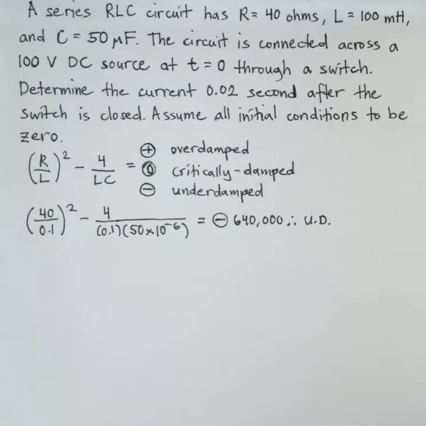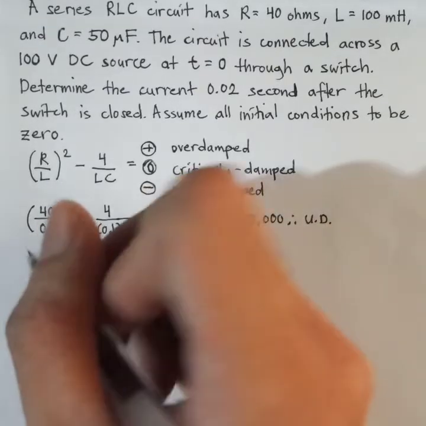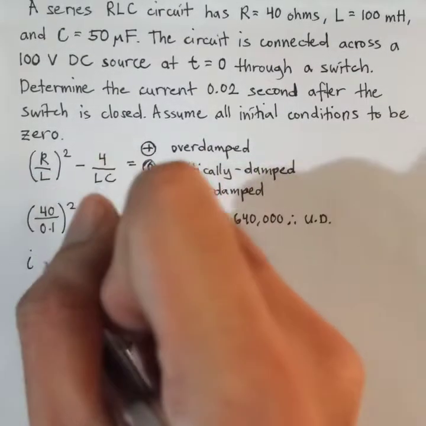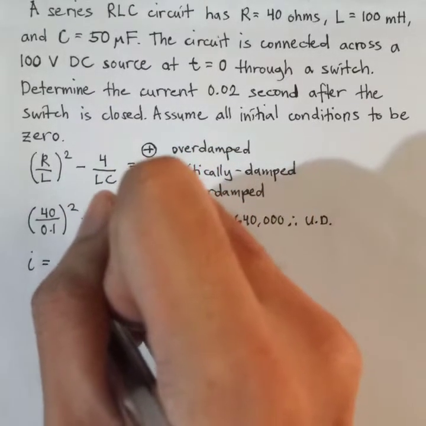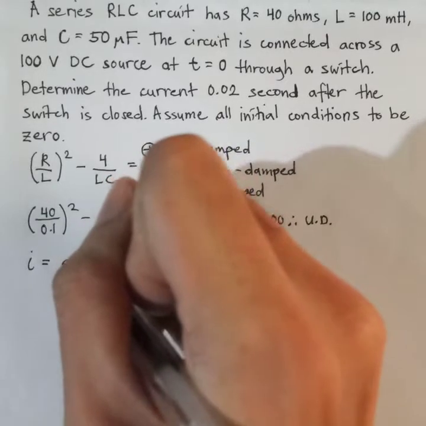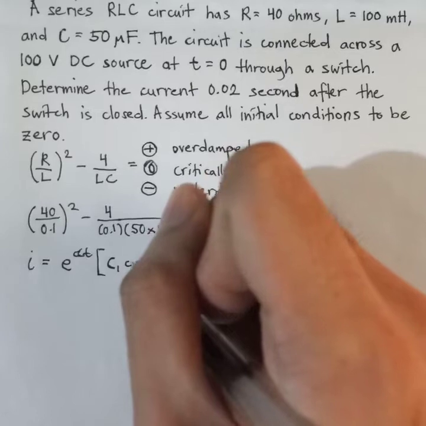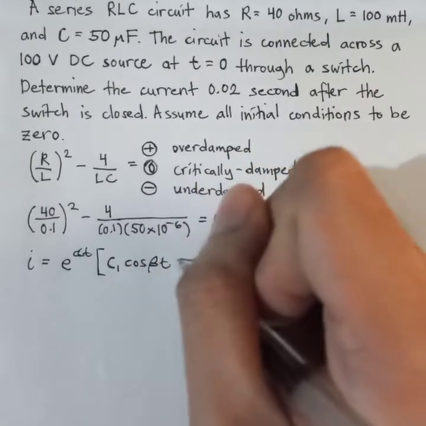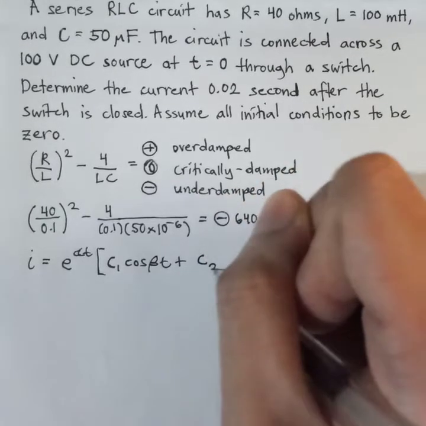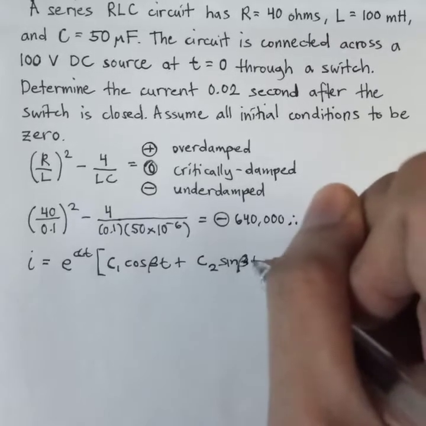So I assume that you are already familiar with the formula of instantaneous current in the underdamped case. So I will just write the formula since I will not be explaining that in this video. That is i is equal to e raised to alpha t times c sub 1 cosine of beta t plus c sub 2 sine of beta t.